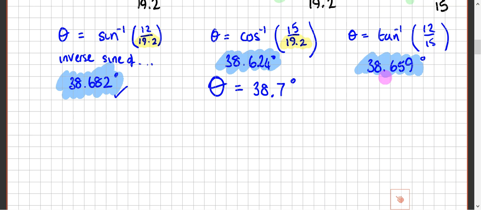I'll just ask you to do something for me. Just pick the tangent one. What happens if we accidentally get things the wrong way around? Can you try it for me?